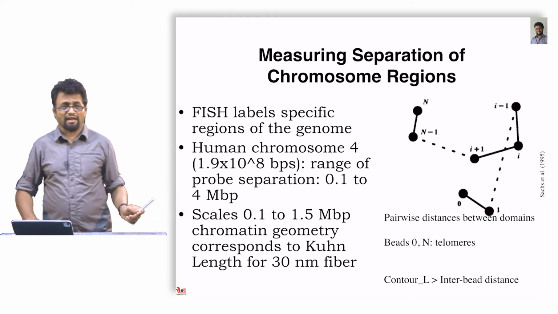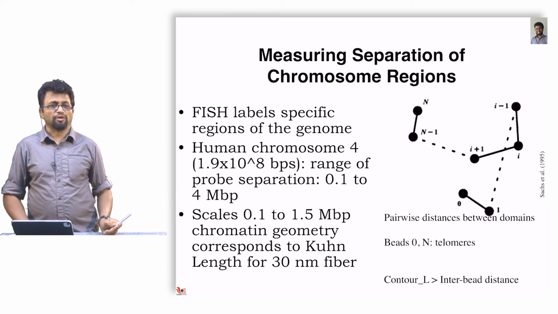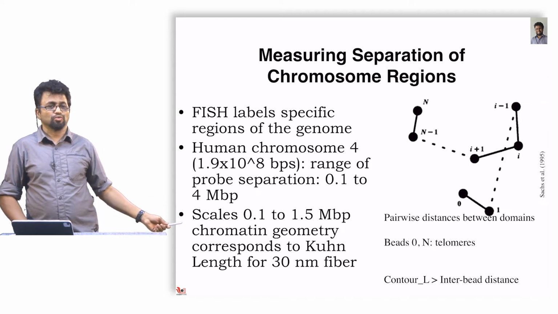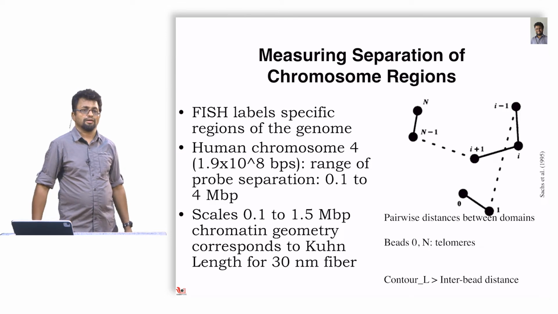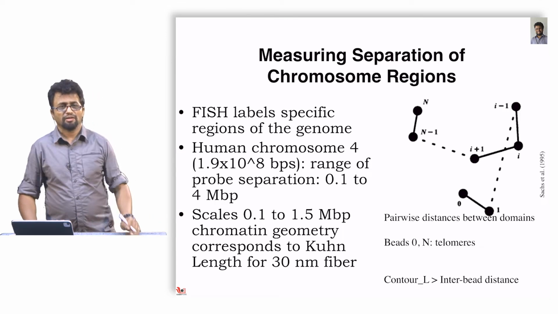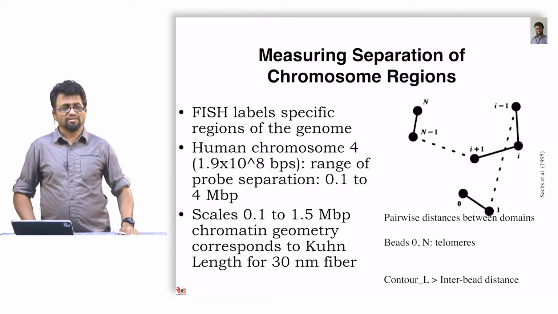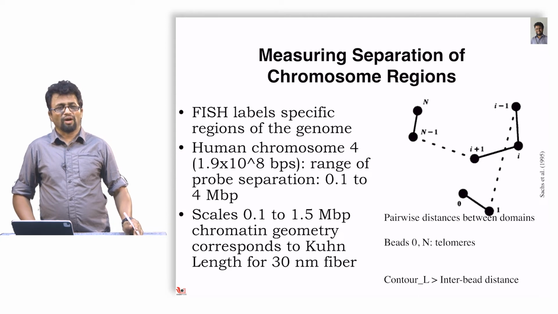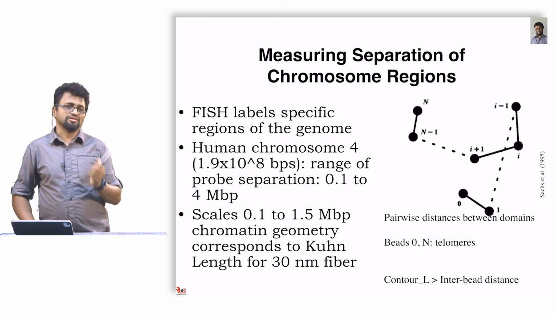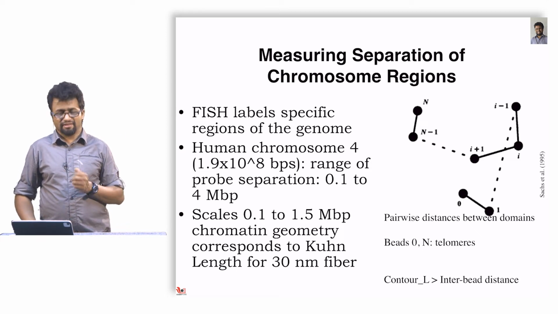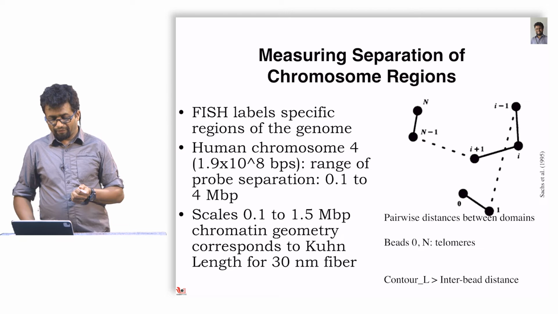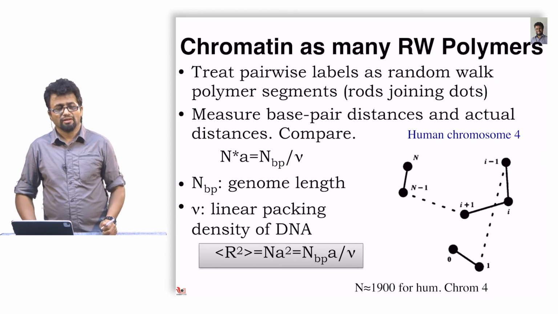This scale of 0.1 to 1.5 Mbp of chromatin geometry corresponds to the Kuhn length of a 30 nanometer fiber. The idea was that potentially one will get an idea of the nature of packing based on this pairwise distance map, and the contour length should be greater than the interbead distance.